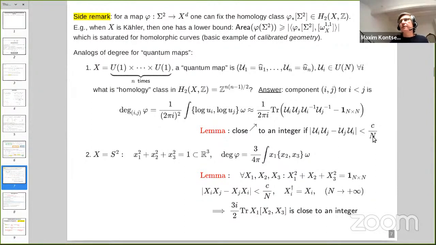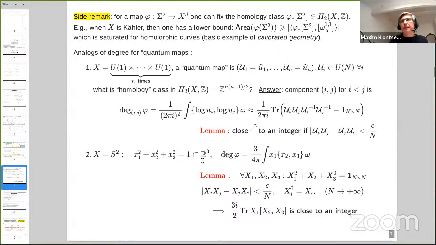Like in the standard example of a torus which I started from at the beginning, with rotation and multiplication by an exponent, the commutator was of size 1 over n. But if you consider any two operators with this bound c and capital N goes to infinity, and I calculate this trace, I claim it will be very close to an integer which is less than c in absolute value. I'll give you this as an exercise. It's a very simple exercise.